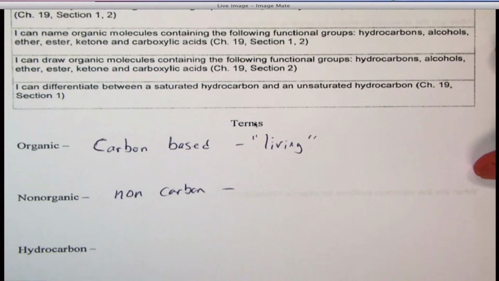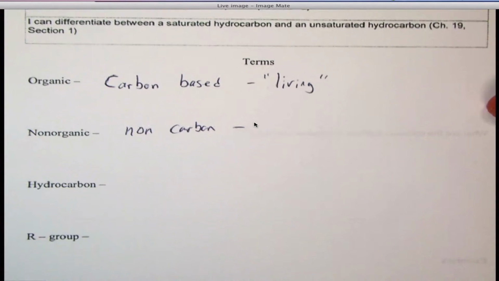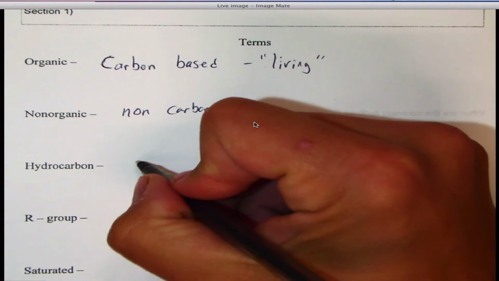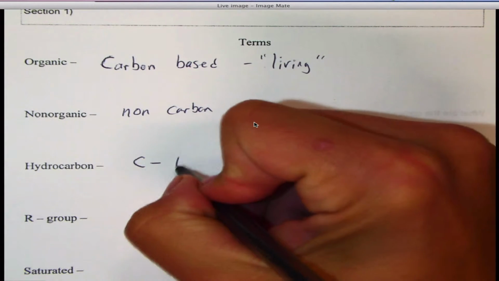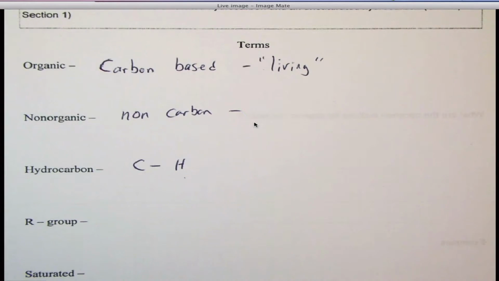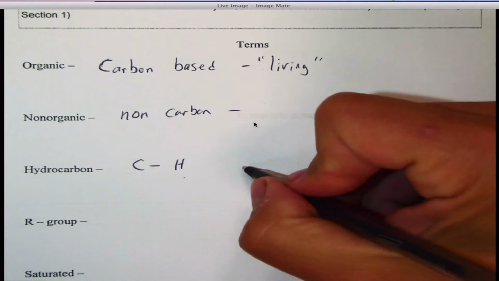So as we go further into organic chemistry, you're going to run into things like hydrocarbons. Hydrocarbons have just carbons and hydrogens. All right. So just carbons and hydrogens. That means that they are made up of just a bunch of hydrogens and carbons. That's all they have. So the whole molecule is made up of just carbons and hydrogens.